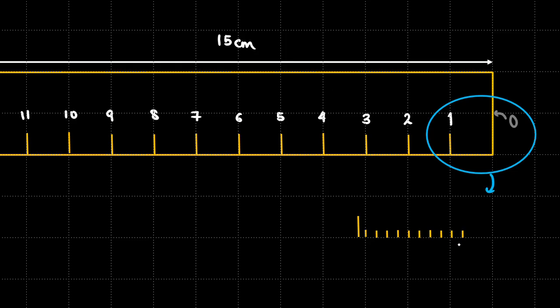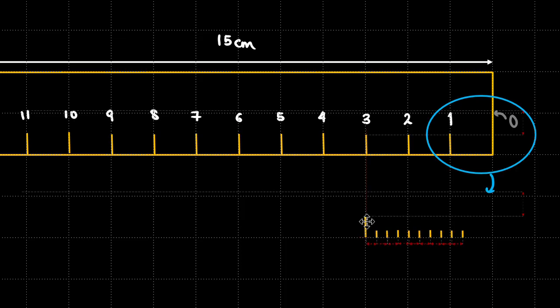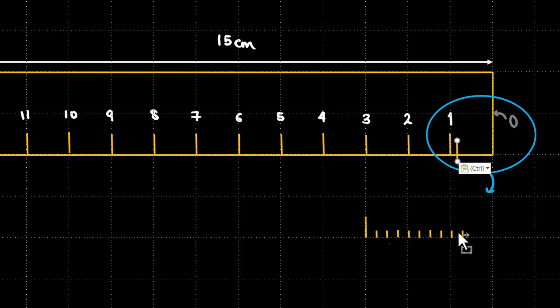Let me count if I'm right or not: 1, 2, 3, 4, 5, 6, 7, 8, 9, 10. Let's move them exactly together. I think that's good enough.